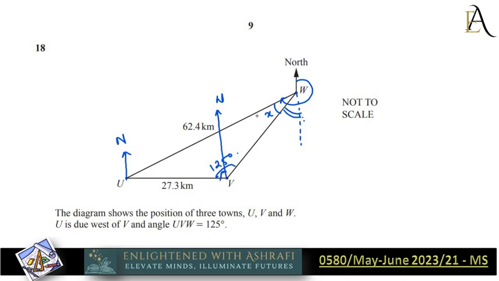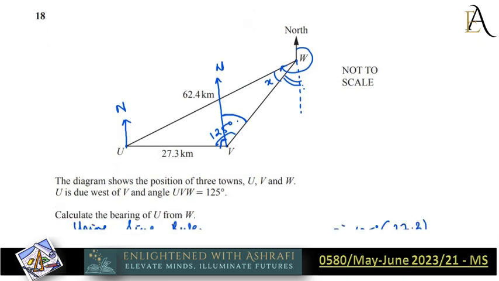So if I do 125 minus 90, I will get this angle, and this angle is equal to this angle through alternate angles.